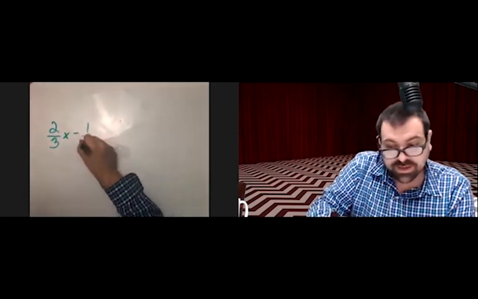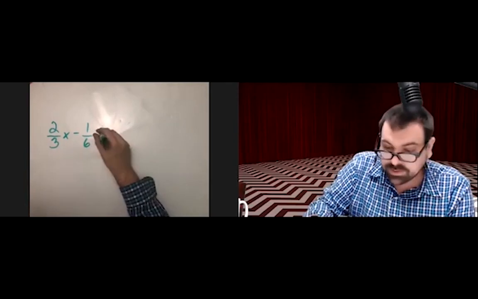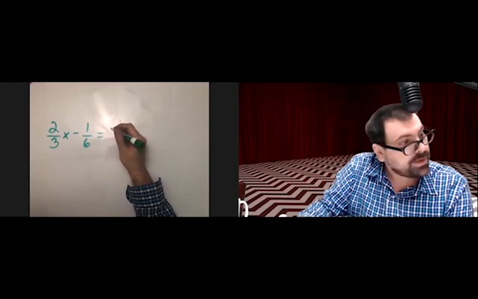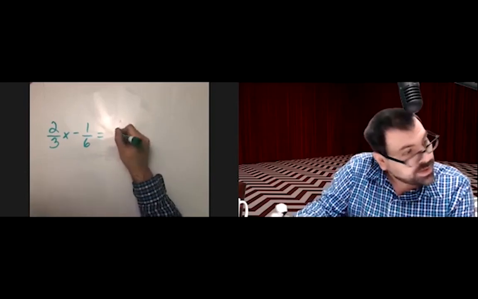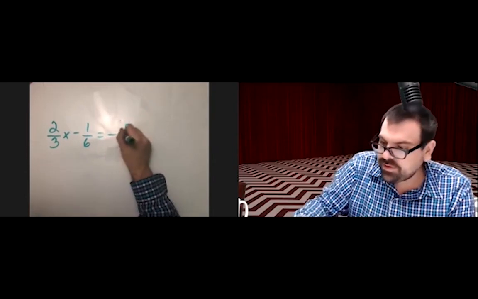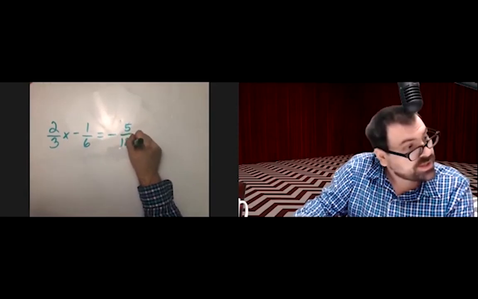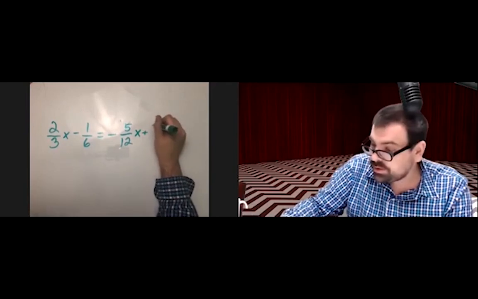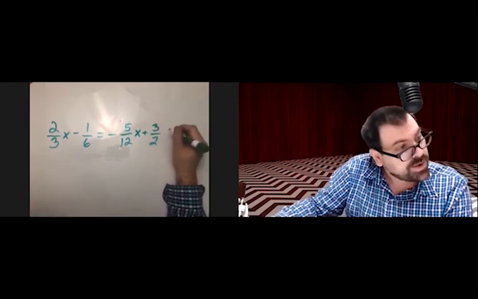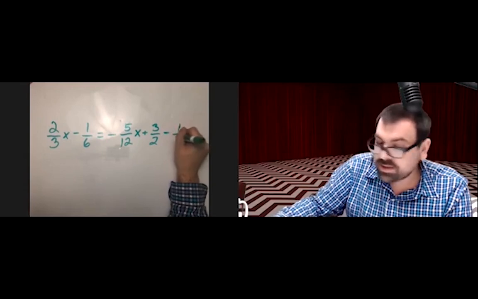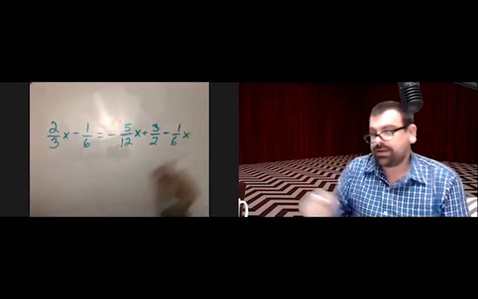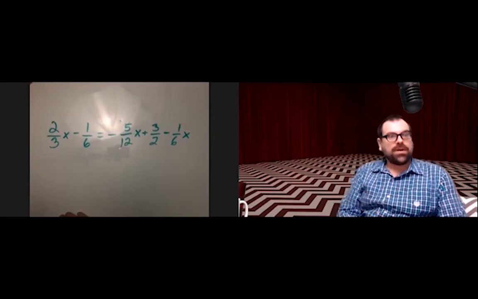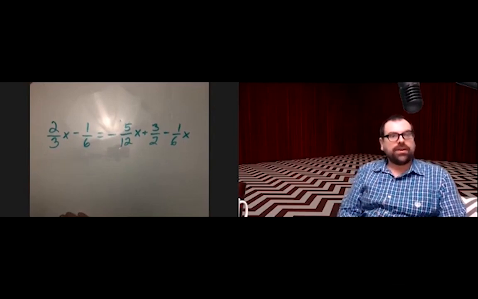I'm sorry in advance. 2/3 x minus 1/6 equals negative 5/12 x plus 3/2 minus 1/6 x.